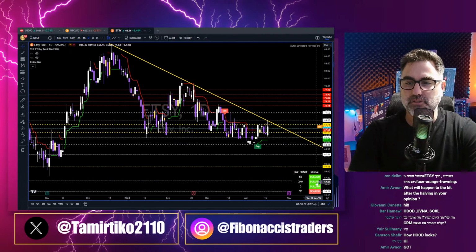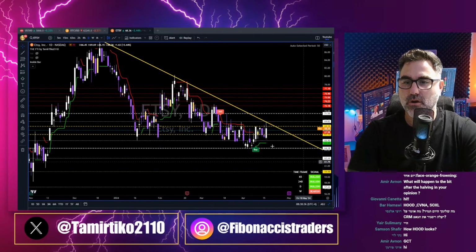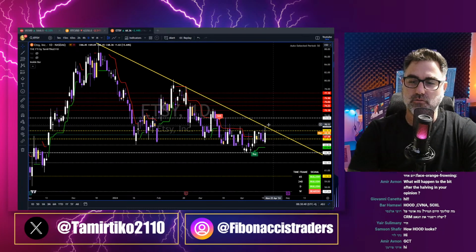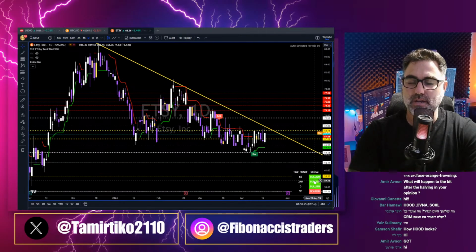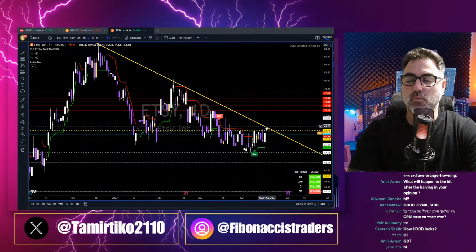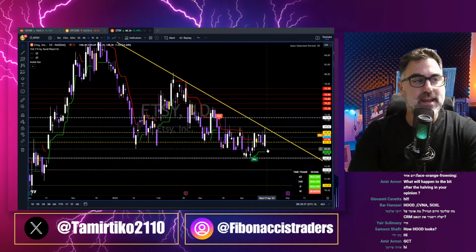When you fight the trend, it will beat you. Now we're still below this yellow trend line. This is why on the weekly we have bearish, but all the rest we are bullish. I want to see continuation, maybe a weekly close above the 69, and then we can start taking long position. You want short only below 65.90.